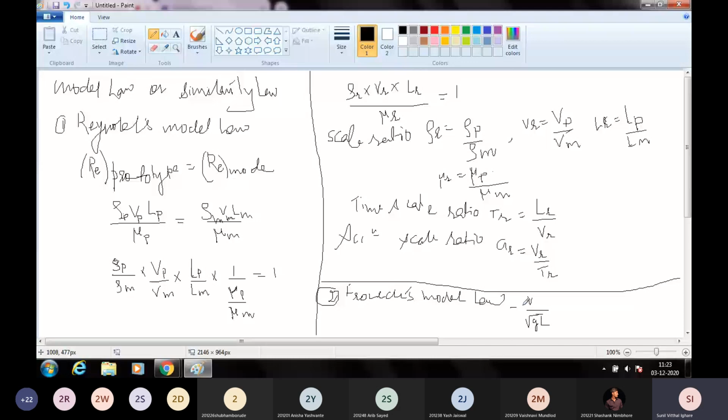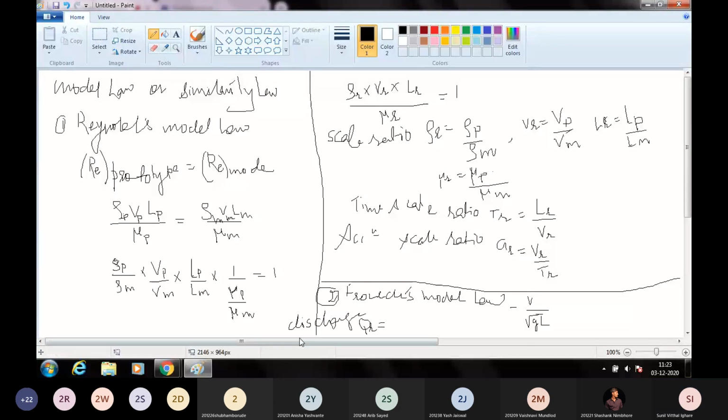In the same way, write the scale ratio for the Froude model. Only one thing you should remember when writing the discharge scale ratio; this term is asked everywhere.